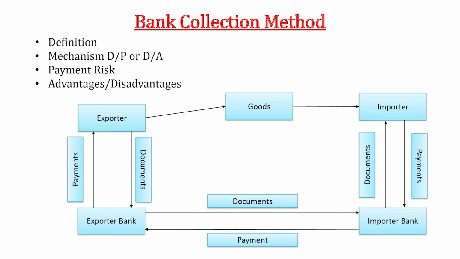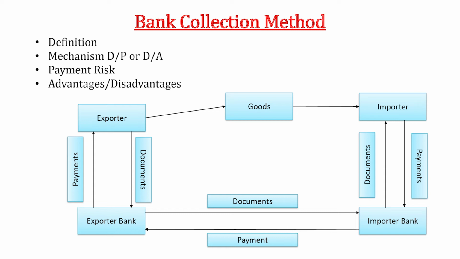So bank collection is quite risky, and I personally feel as an exporter, if you are using the bank collection method, never ever do shipment without taking an ECGC policy covering the commercial as well as political risk. And secondly, have a credit limit set on the importer by ECGC.